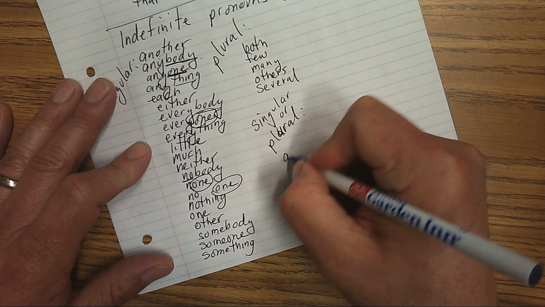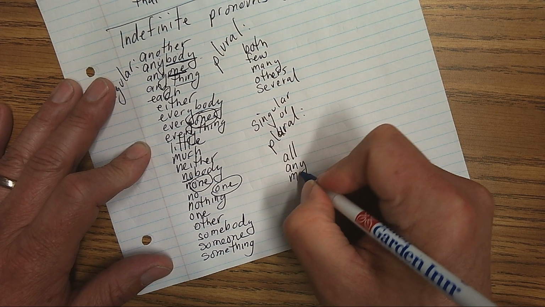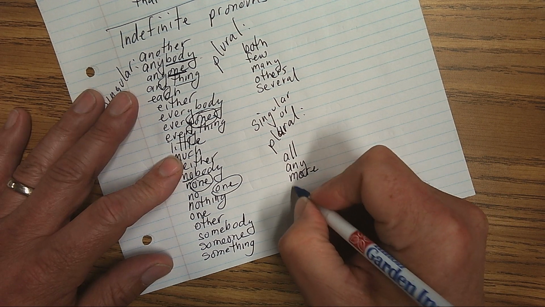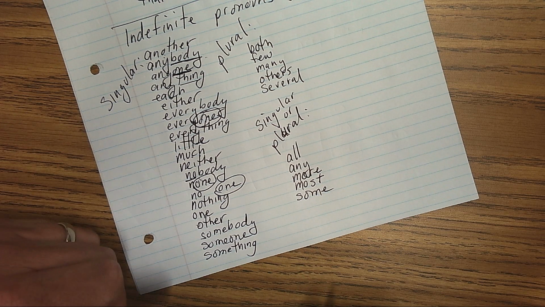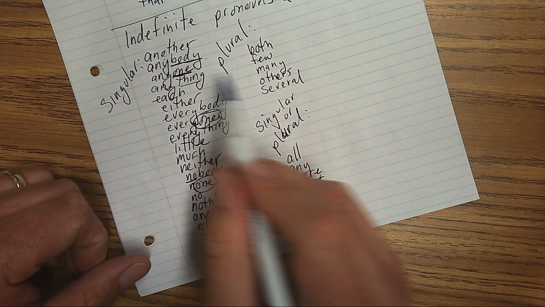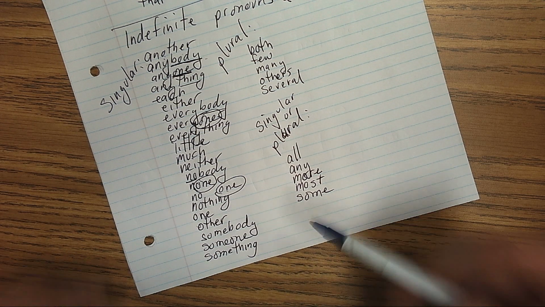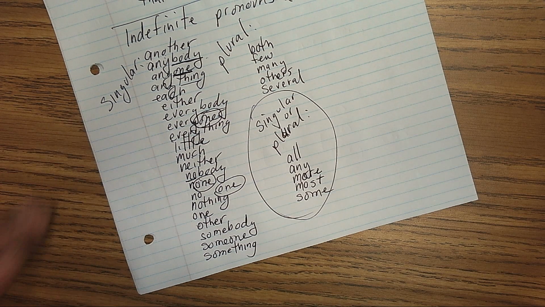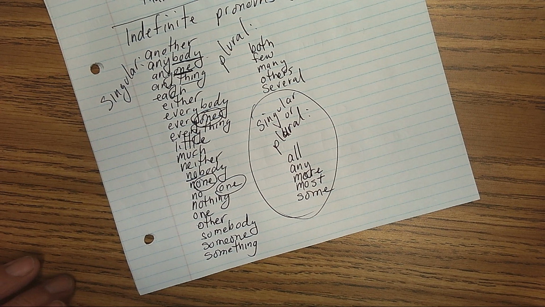And these are all, any, more, most, and some. Okay, so we'll get a little more specific about when, like these in particular. So sometimes they're singular and sometimes they're plural. So how do you know the difference when one is singular and when one is plural?